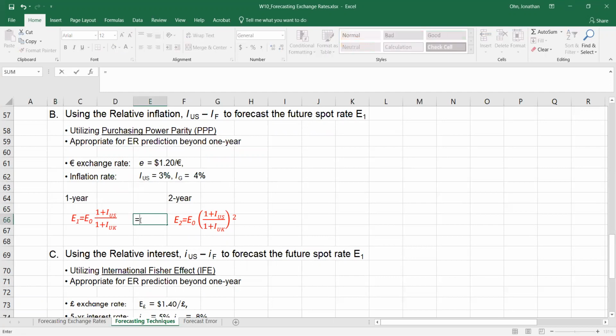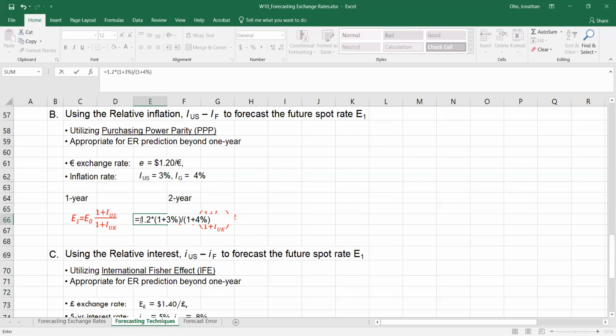Let's calculate. 1.2 times 1 plus US inflation 0.03, or 3%, divided by 1 plus German inflation 4%. Now, we're talking about the German euro.